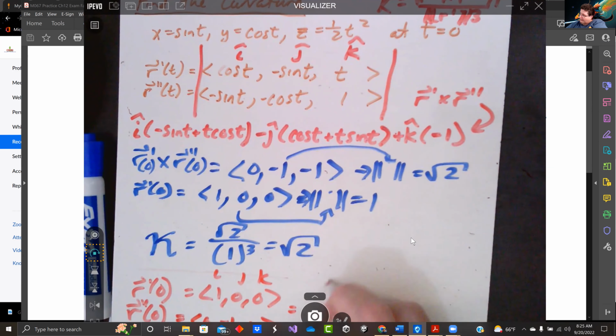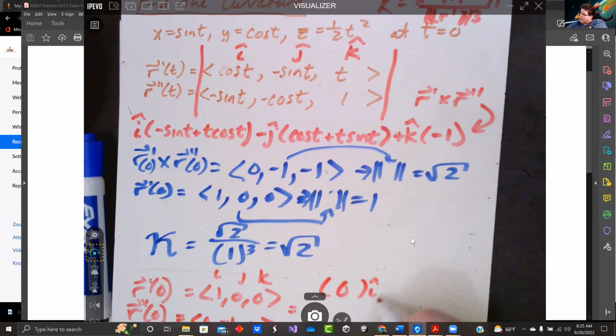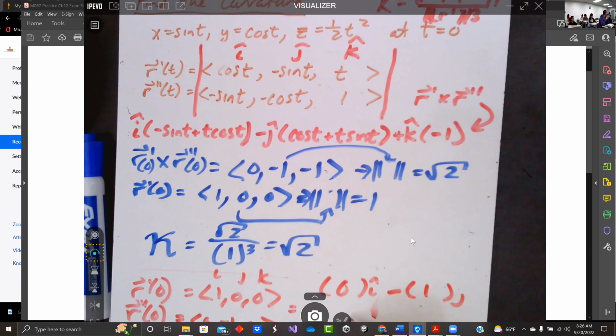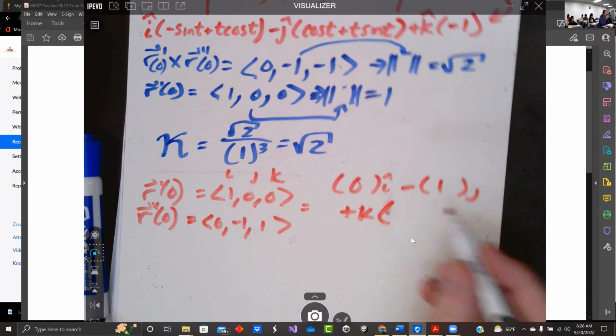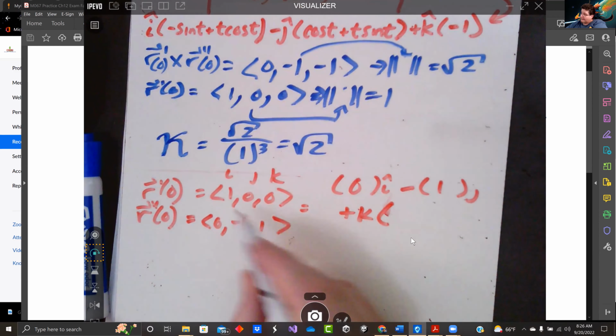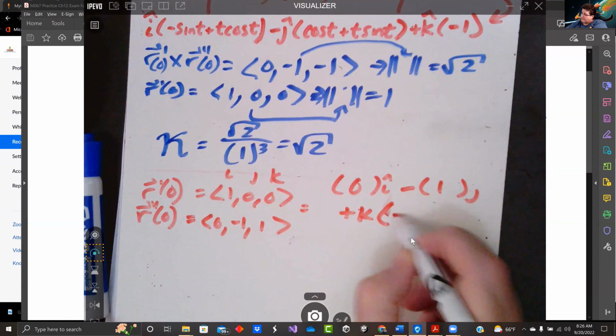In the i hat, we got 0. In the j hat, we've got 1. And in the k hat, we have -1.